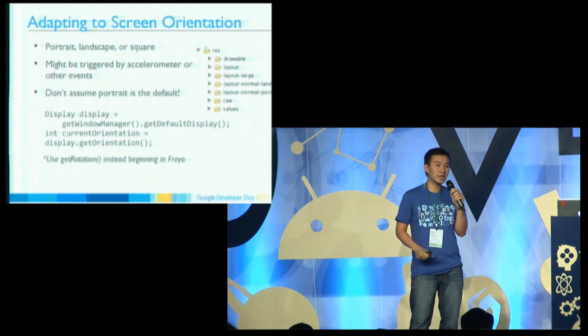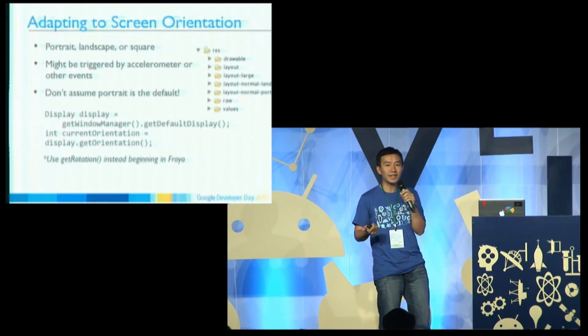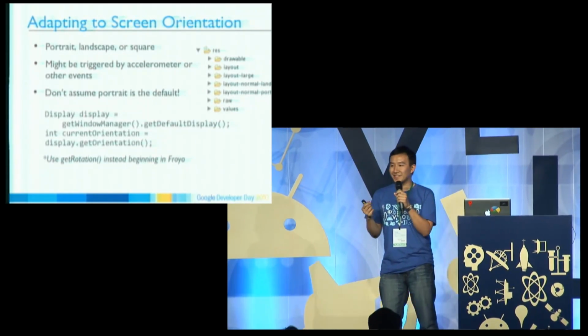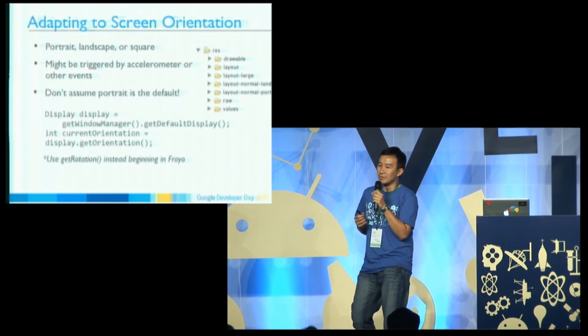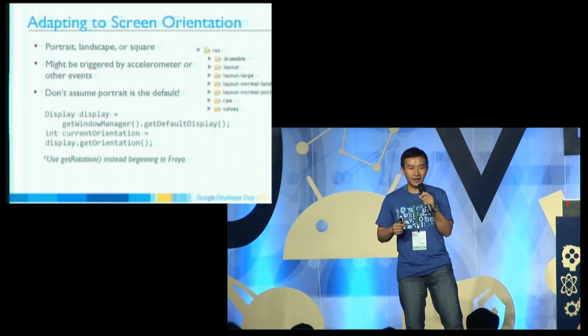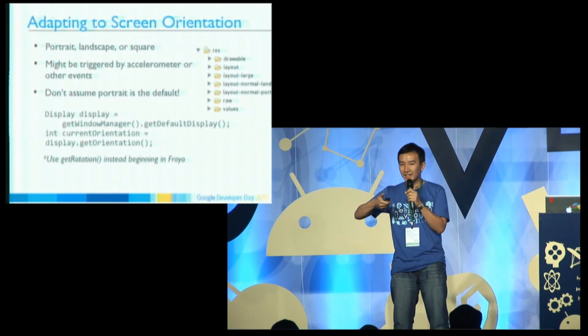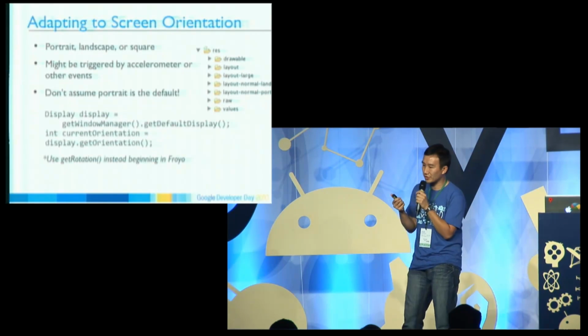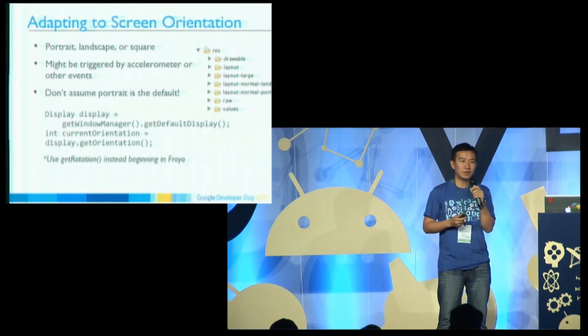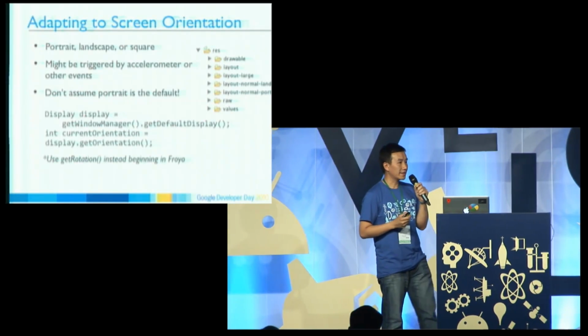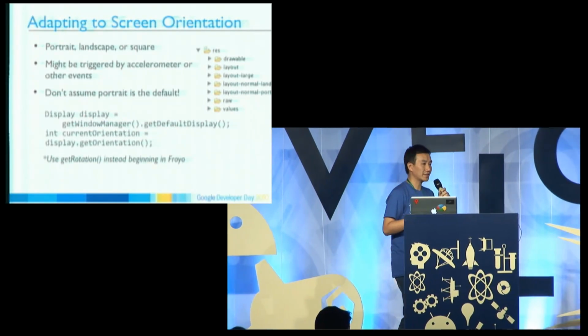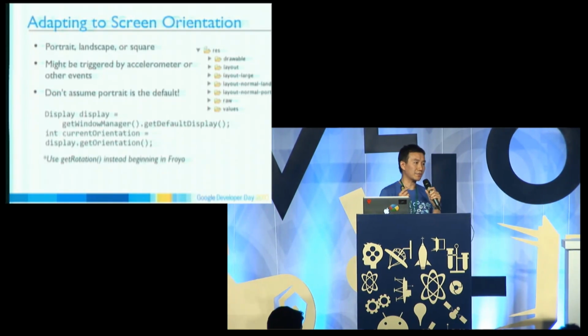I guess the key point here is that when you are developing an application, don't always assume that it's always going to be run on a Milestone, for example, where users have the tendency of holding it upright or in portrait mode. Be flexible to expect the possibility that they might have a natural tendency to use it in landscape mode.